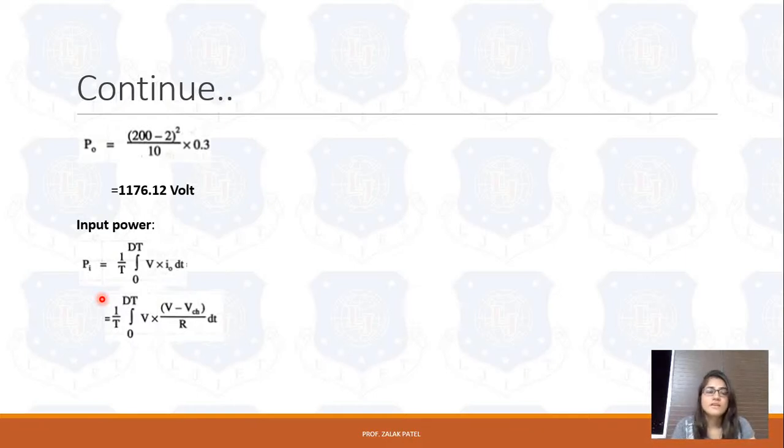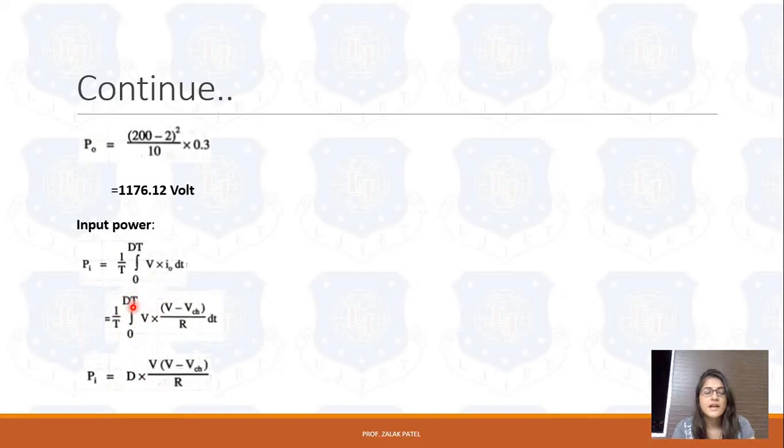Once again if we integrate this, the integration of 1 is t, and the limit of t is from 0 to dT. So T and T will get cancelled out, because here T is there and in the denominator 1 upon T is there.